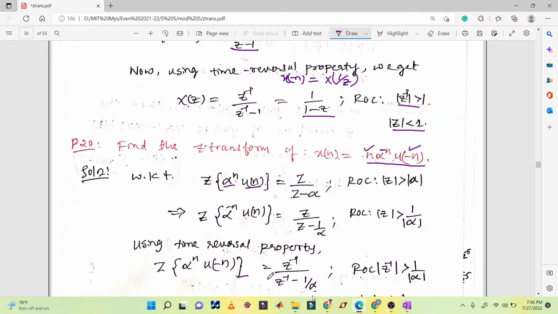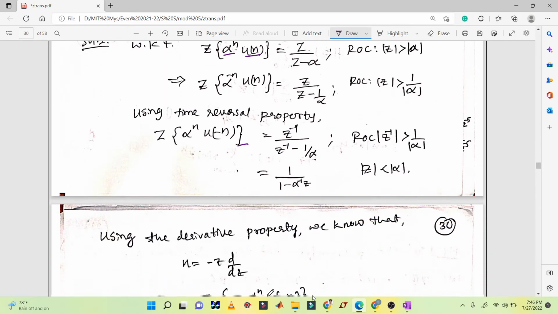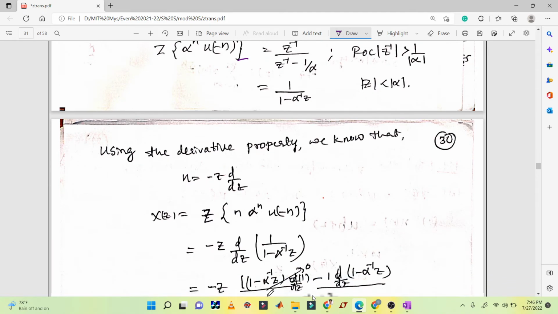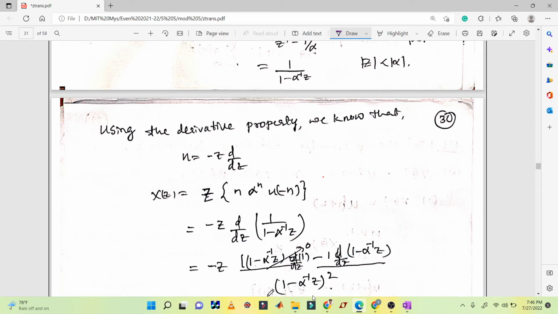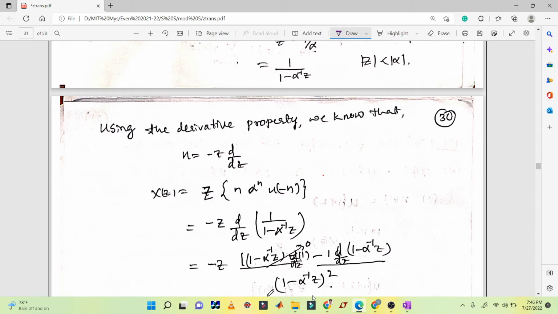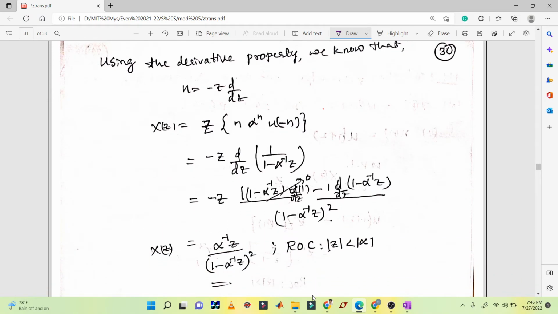You can see here, the final answer is this one: alpha inverse z over 1 minus alpha inverse z.